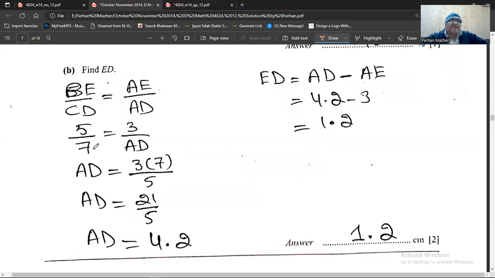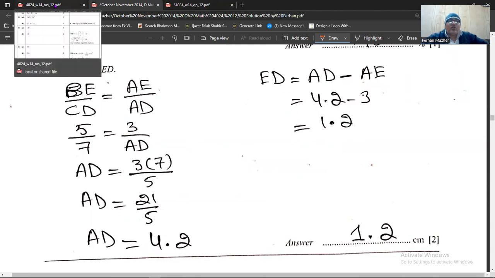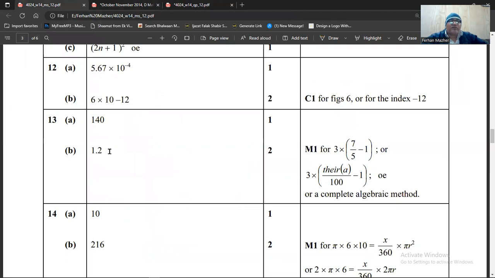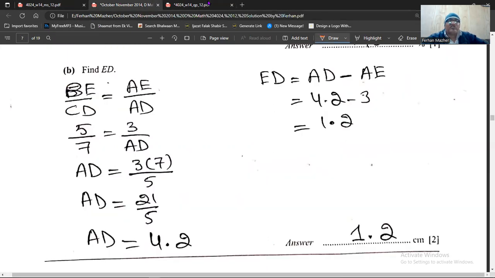It is 5 by 7 equals 3 by AD. So AD will be equal to 3 × 7 divided by 5. That's 21 by 5, which is 4.2. Now ED will be AD minus AE. AD is 4.2 minus 3, and that will be 1.2. So the ED value is 1.2 centimeters. 1.2 is the right answer. This is the solution.